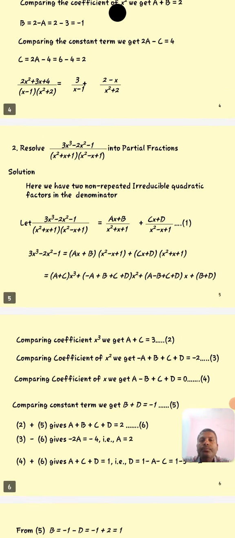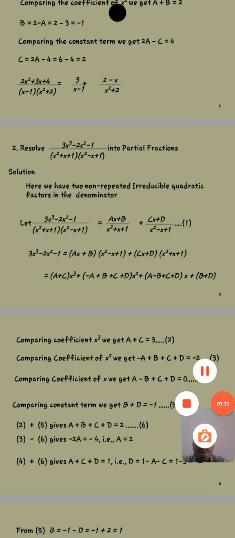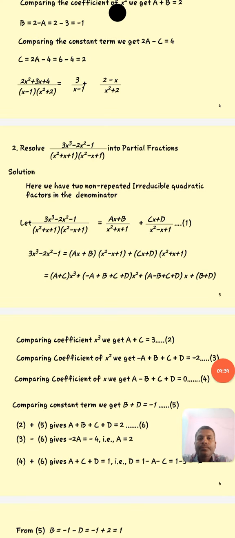Now we see the second problem. Resolve (3x cubed minus 2x square minus 1) divided by (x square plus x plus 1) into (x square minus x plus 1) into partial fractions. Here two quadratic factors are there.